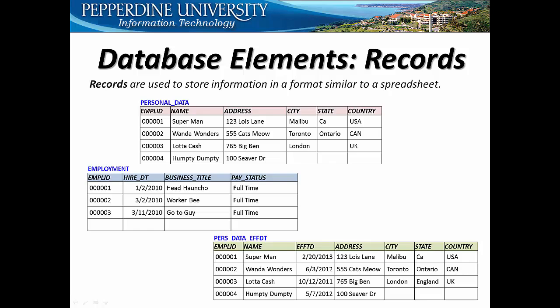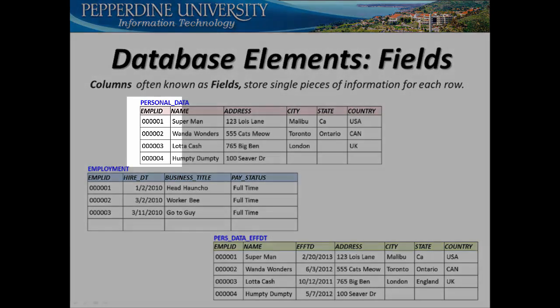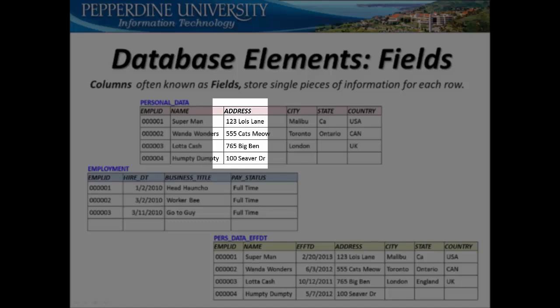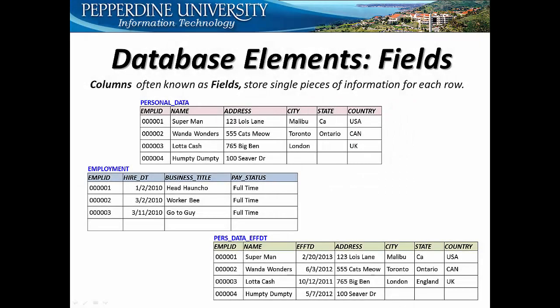The next step in creating a PeopleSoft query is selecting the fields. Columns are often known as fields, which store single pieces of information for each row. Employee ID, name, address, city, state, and country are fields in the personal data table. Each record is defined to contain a certain number of fields.